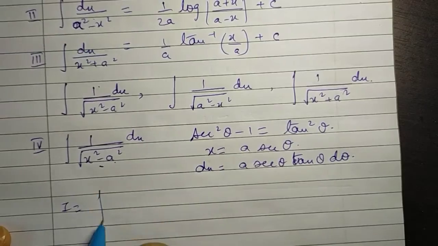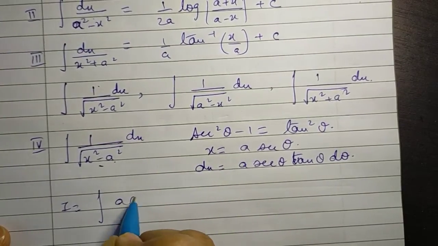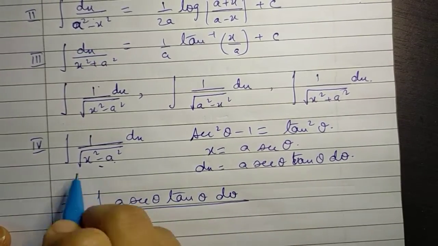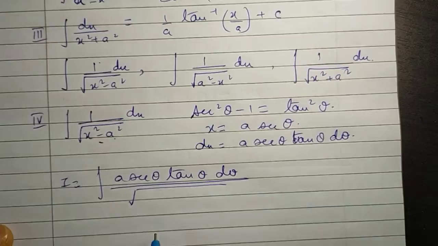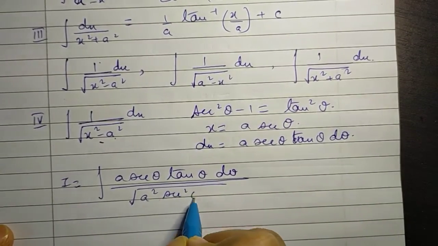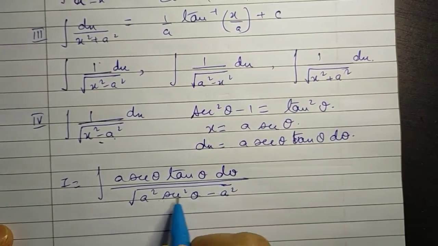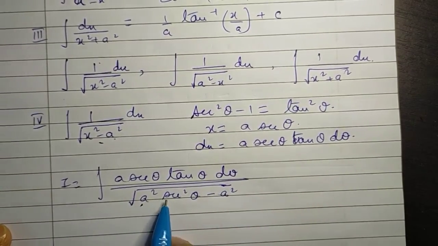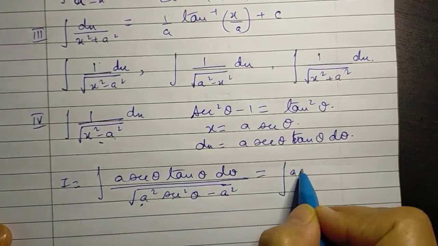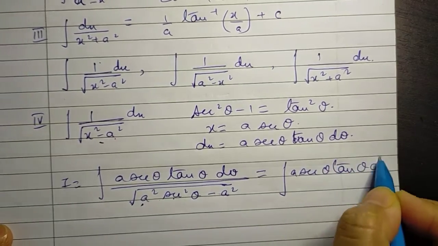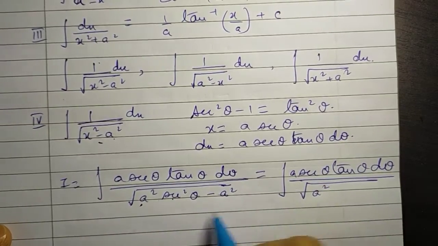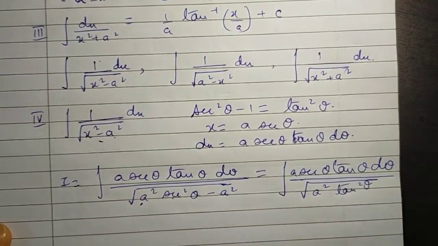Substituting, we get I is equal to, in place of dx we'll be writing a sec theta tan theta d theta whole upon, and then in place of x we'll be writing a squared sec squared theta minus a squared. We take out a squared common, we are left with sec squared theta minus 1, which is tan squared theta, and so it gives you a sec theta tan theta d theta whole upon under root of, since we have taken a squared common, we are left with tan squared theta.